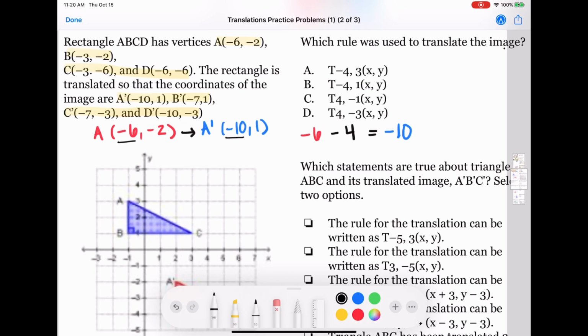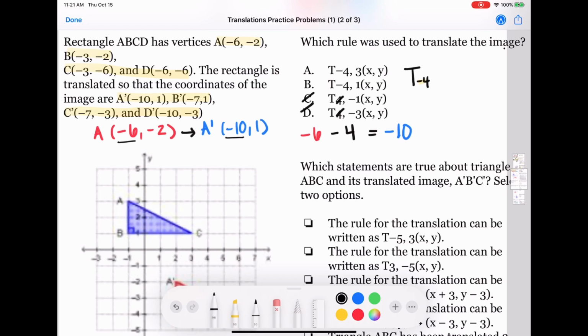So we already know that we have a function rule of T -4. Again, just knowing that information, we can cross out a few answers. And that is answer choice C and D, because answer choice C and D contain a positive 10 when we are looking for -10.